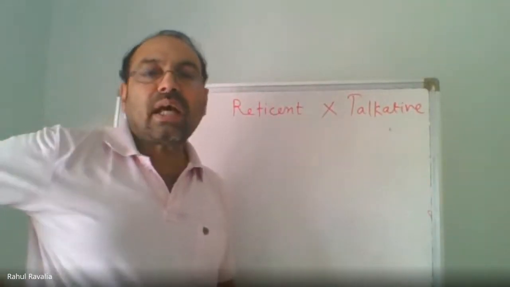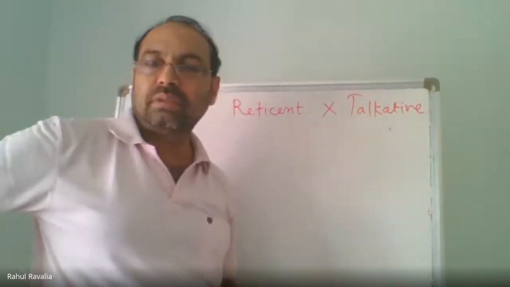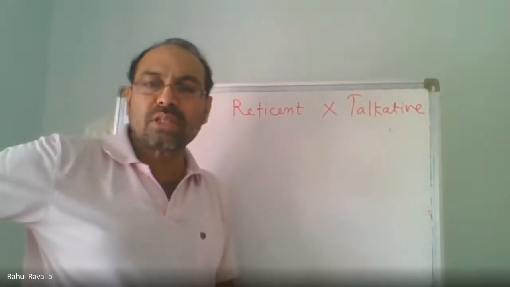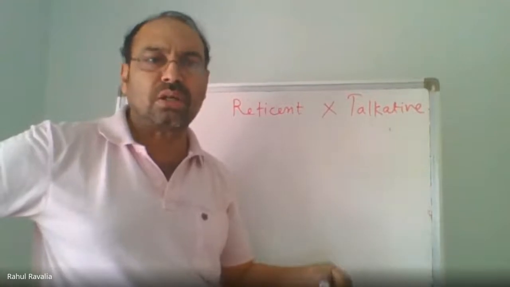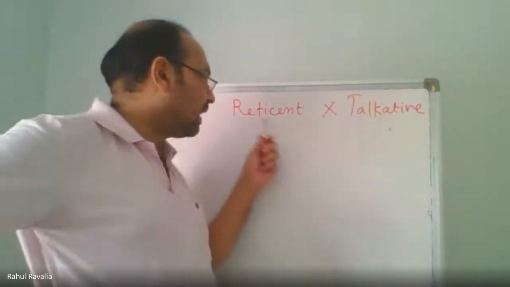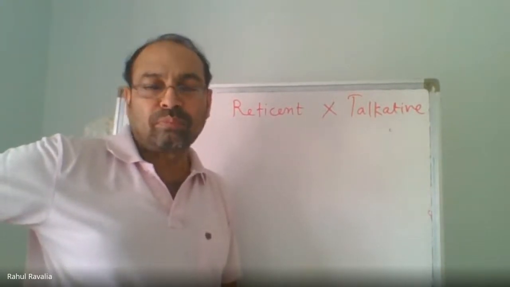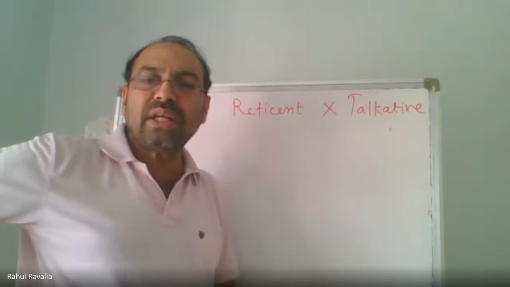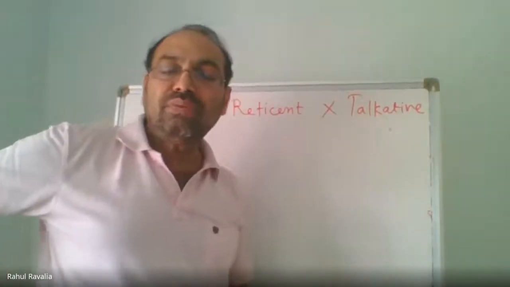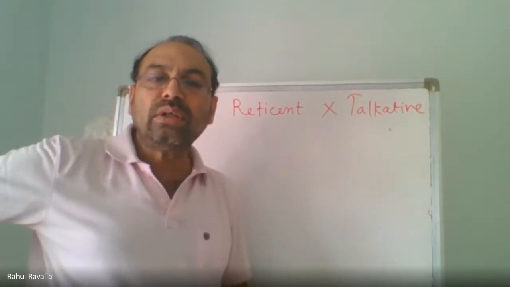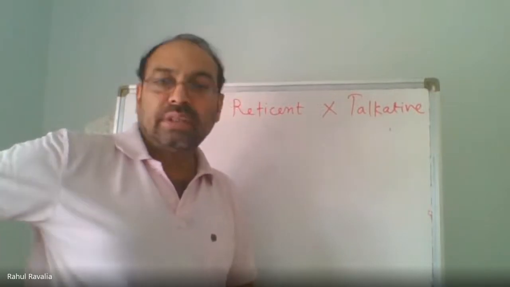Next pair, they are antonyms to each other, and you know the meaning of the latter one, that is talkative, a person who talks too much. And if the person does not talk too much or speaks very less, then he is called reticent. In Gujarati, we call it ocha bolo. So write down reticent.